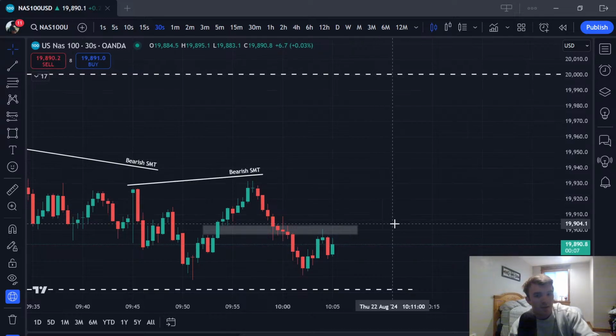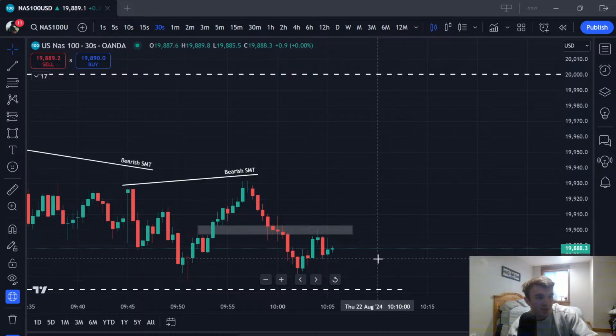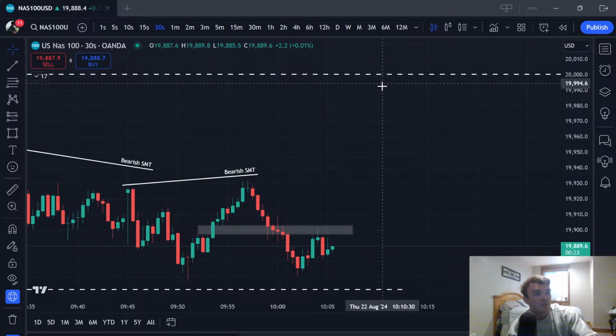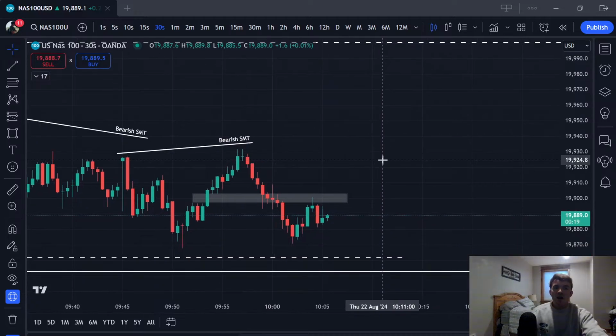That's the dream scenario: we get a sweep of this data low, inverse out of it, and then boom, straight to the equal highs. That's what we want.